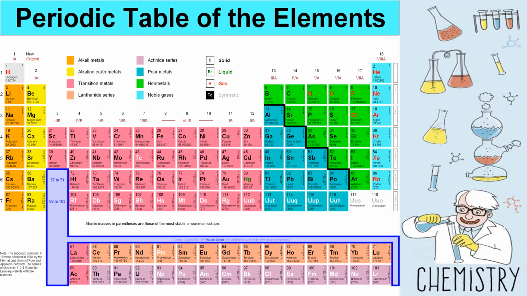These green colored elements are non-metals. Normally, alkali metals such as lithium, sodium, potassium, rubidium, cesium, and francium can bond with other non-metals to form ionic bonding, such as sodium and chlorine.